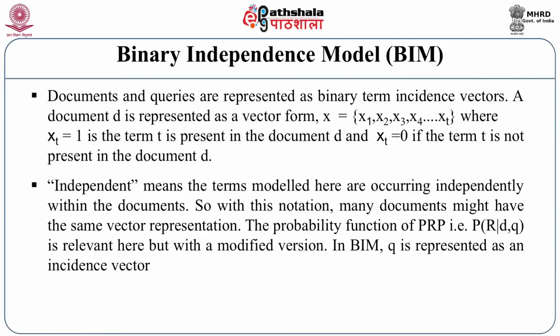The probability function of PRP, that is the probability ranking principle, that is the probability of R given D and Q, is relevant here but with a modified version. In binary independence model, D is represented as an incidence vector.